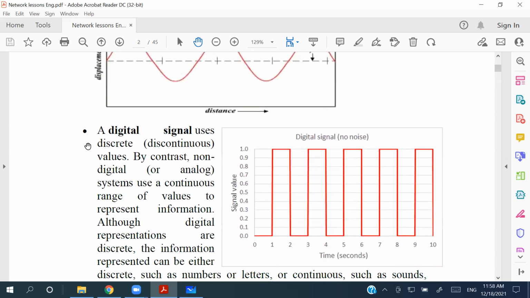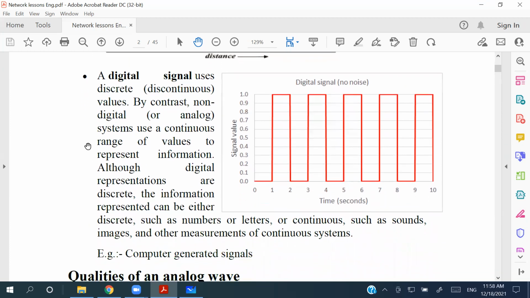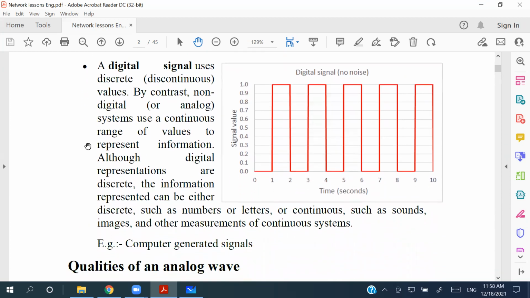So the next one is a digital signal. These signals are generated by digital devices, right? So unlike the analog signal, a digital device generates digital signals that have two specific states. Those states are considered as the zeroth state and the first state, right? So zero is indicated like this.